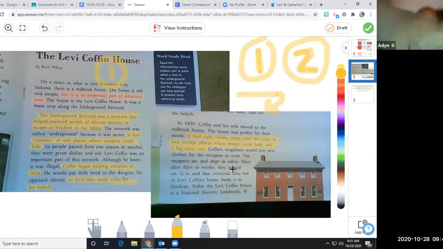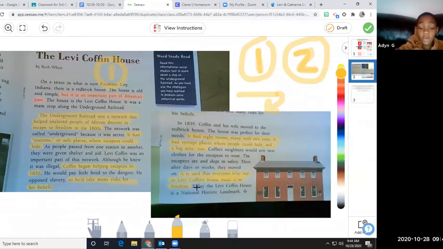I found that, I'm trying to move the Zoom so I can see it. So my statement says, it is said that everyone who hid in Levi Coffin's house made it to freedom. Today, the Levi Coffin House is a National Historic Landmark.